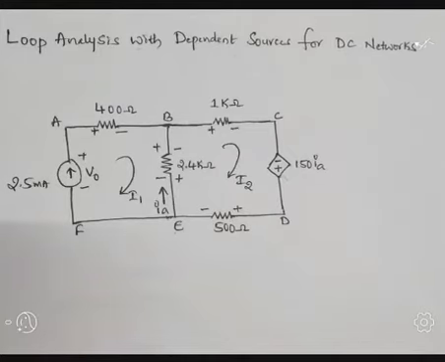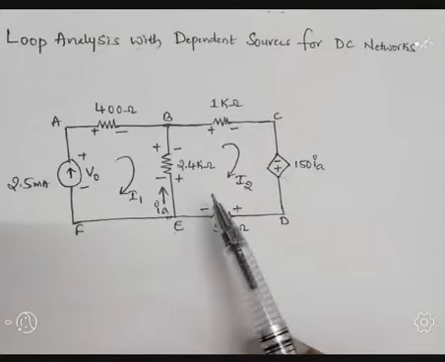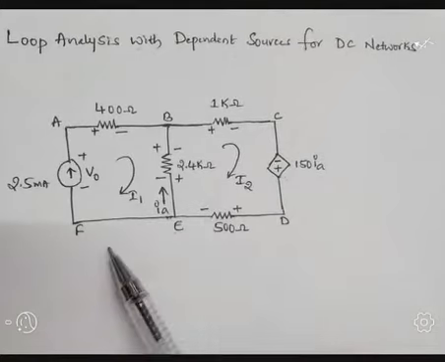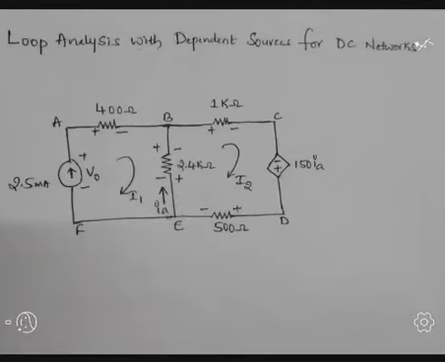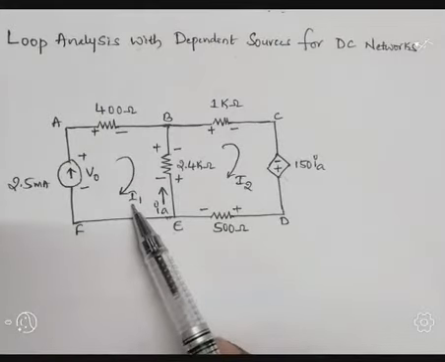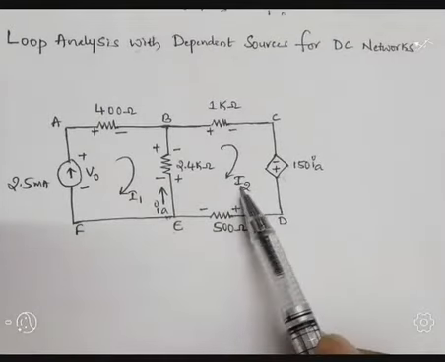So first, analyze the network. In this network, there are two loops present. Hence, I represented two loop currents: I1 in the clockwise direction, and the second loop current I2 in the clockwise direction.